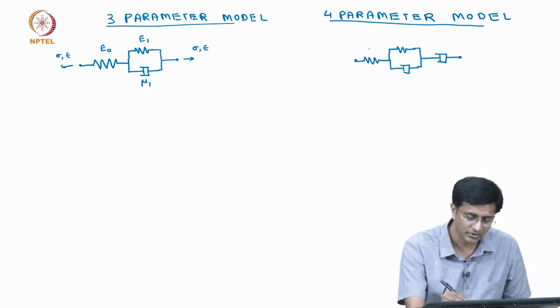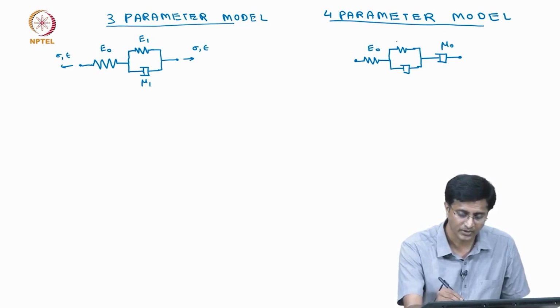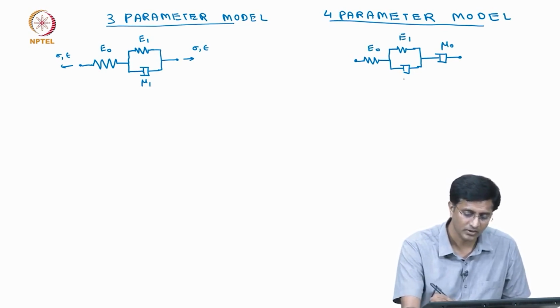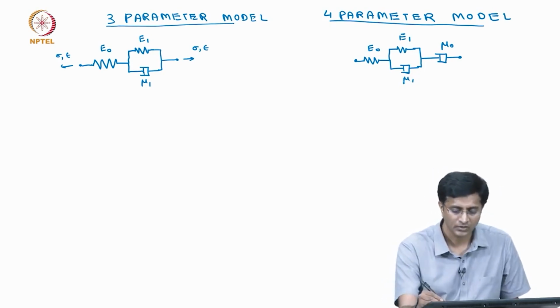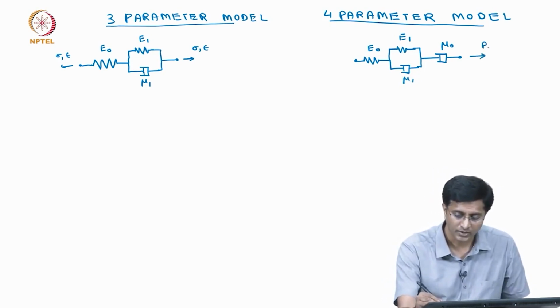We will represent the free spring with E naught and the free damper with mu naught, and for the Kelvin model, these are E1 and nu 1. Again with the inputs and outputs as stress and strain.